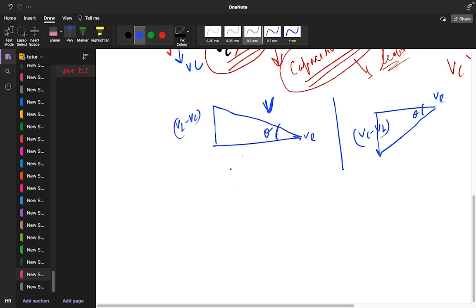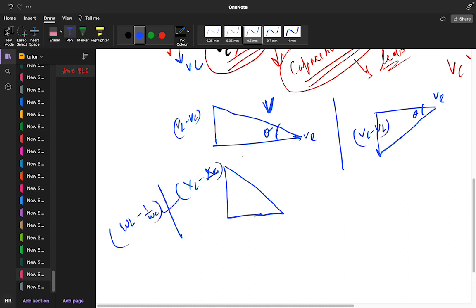For Z, it will come like this: XL minus XC. XL is nothing but omega L and XC is nothing but 1 by omega C. We can write it like this also. This is your R, this will be theta. What is the meaning? XL is greater than XC.